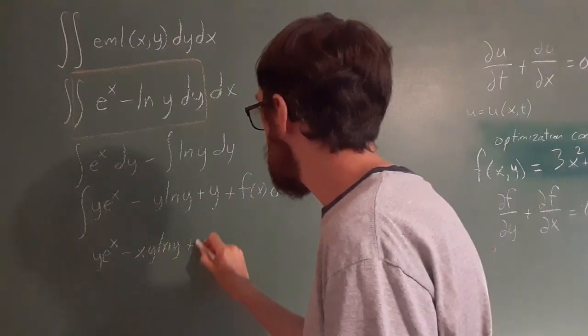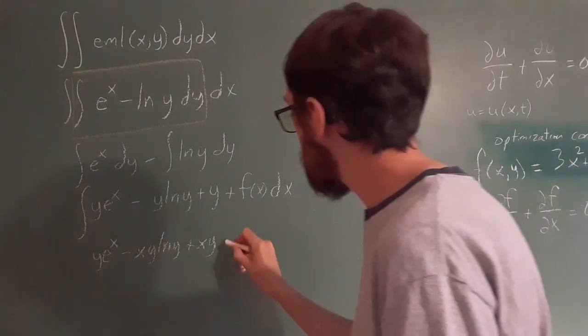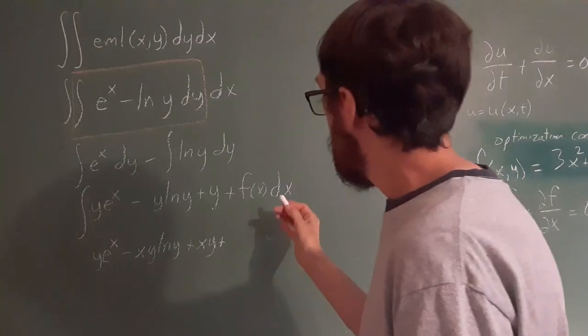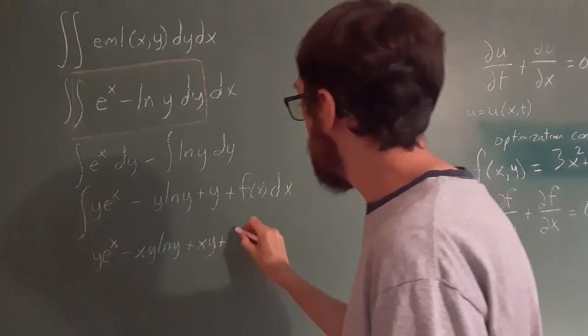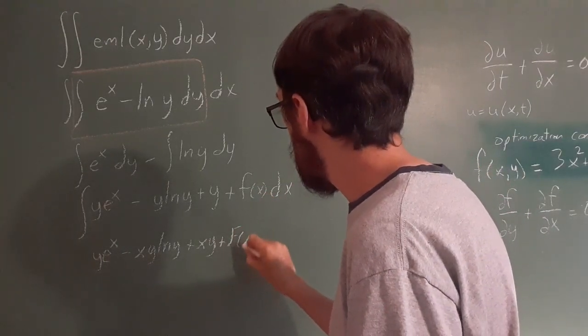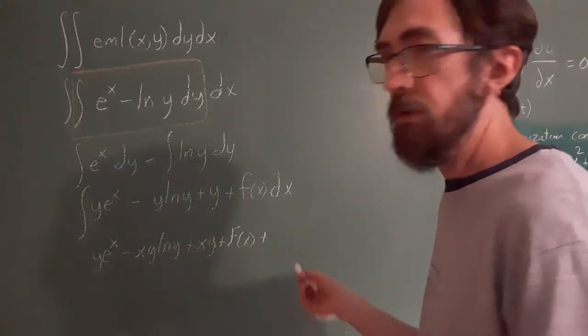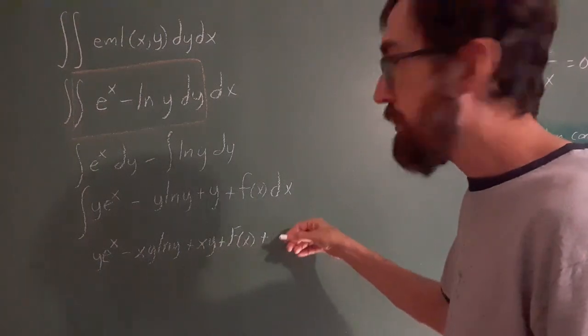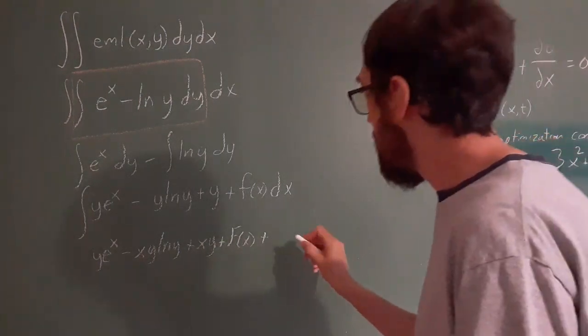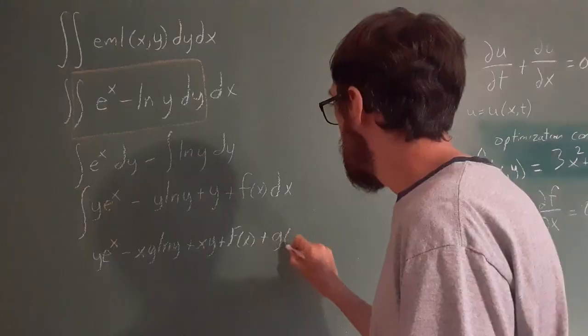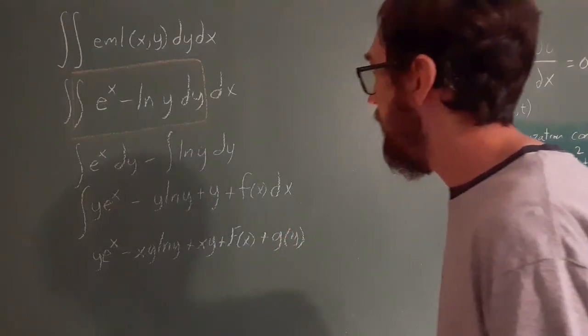The same for this y here. Integrating little f of x will give us big F of x. And then at the end, we again will need a function of integration instead of a constant of integration, say some g of y.